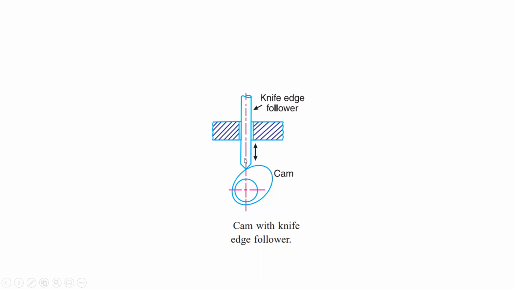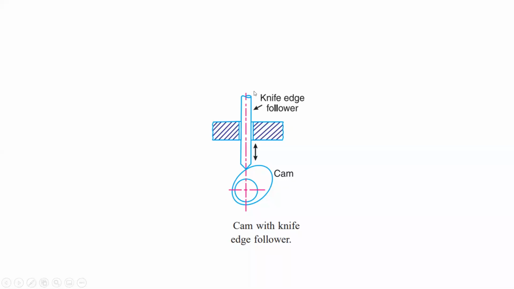So what happens in cam and follower? This cam is one element, one kinematic element, right? And it is mounted on the shaft. When the shaft rotates, this cam will also rotate like this. This knife-edge follower is another element. Cam and follower make one kinematic pair. See, they are in contact with each other. When this cam rotates, this knife-edge follower will reciprocate like this.